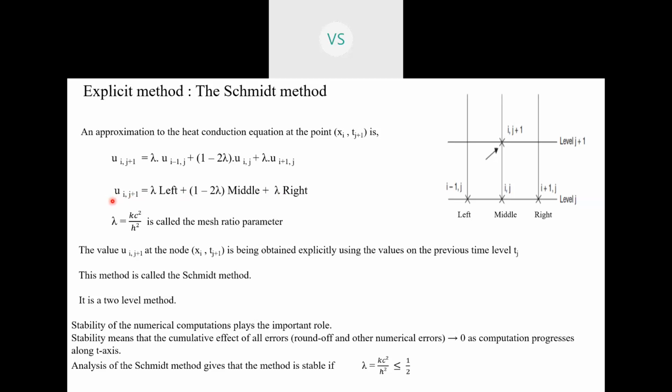You can remember the formula as lambda into left term plus (1 minus 2 lambda) into middle term plus lambda into right term. It's very simple to remember. So lambda is what? Lambda is k c² upon h². K is the increment in time, h is the increment in x. So k c² upon h² is the formula for lambda, which is known as the mesh ratio parameter.